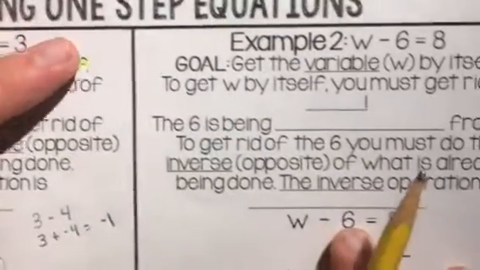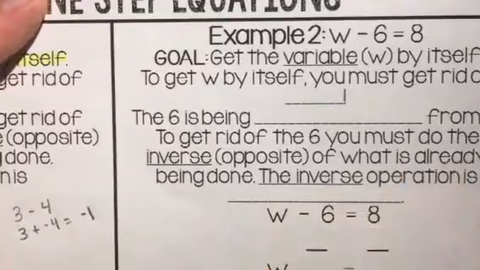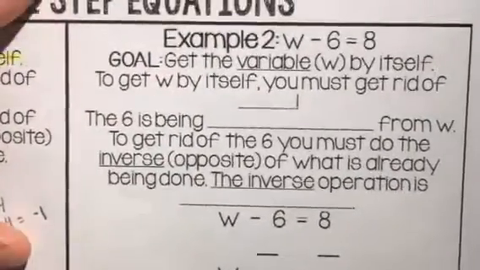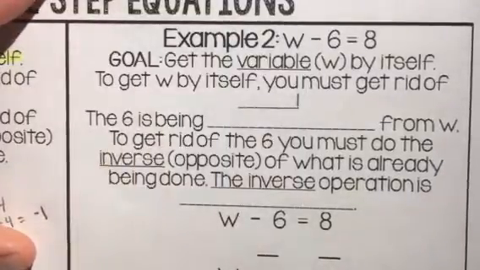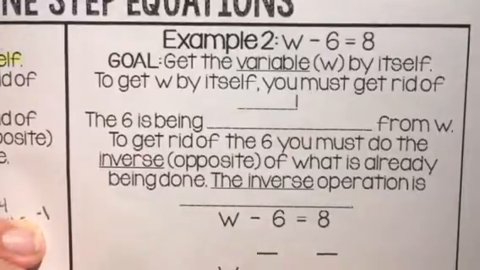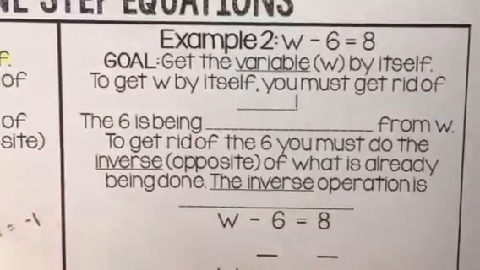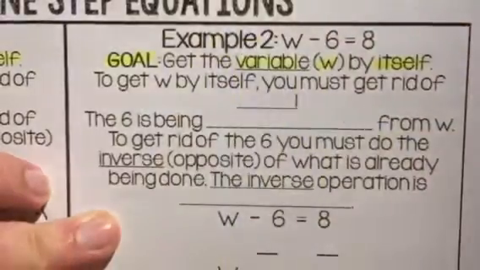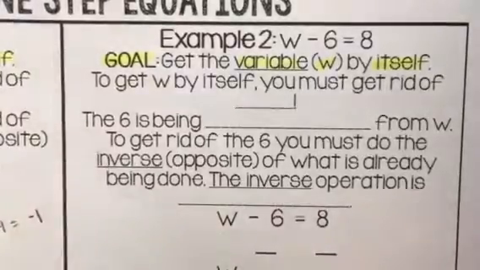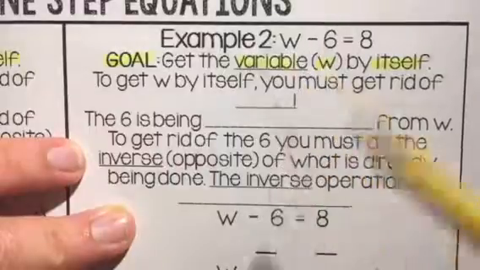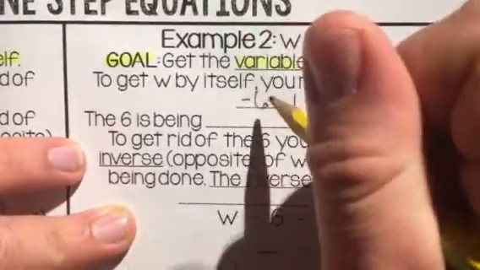Let's look at example number 2. It gives us w minus 6 equals 8. Well, my goal again is to get the variable w by itself. That is my ultimate goal whenever I'm solving any equation, to get the variable, which in this case is w, by itself. And to get the w by itself, we must get rid of this minus 6.